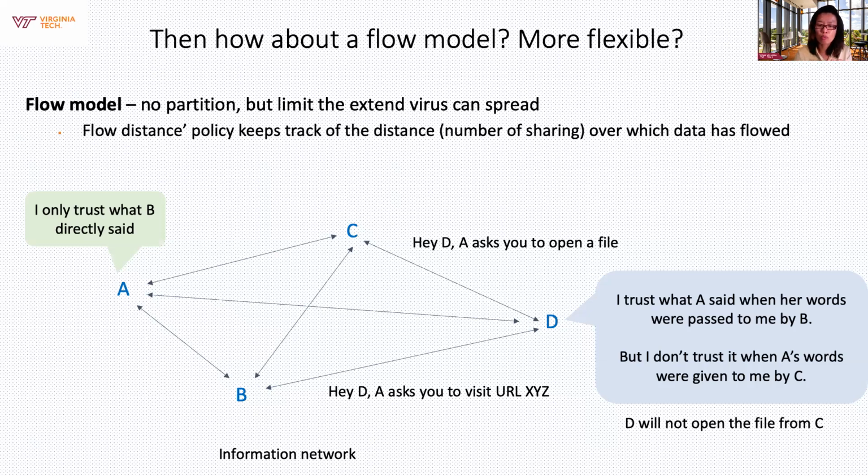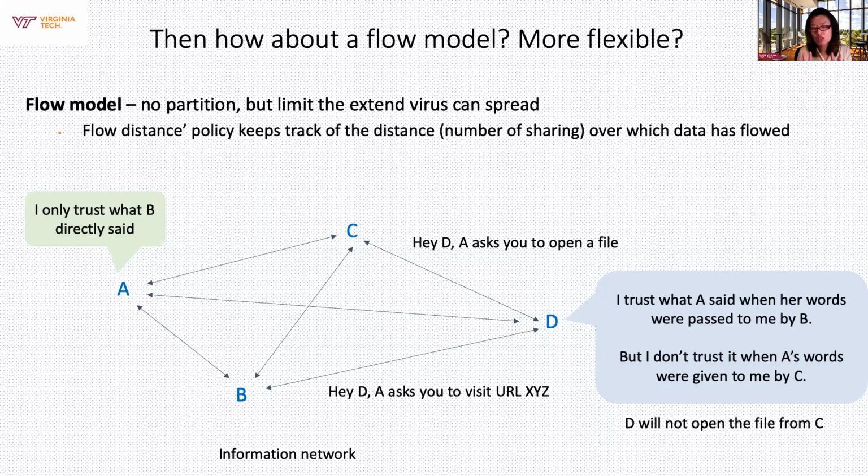If A directly tells me something, I would accept. But if A tells B and then B tells me, so like a chain that's passed through B, A, B, D, then I will also accept it because I also trust B.